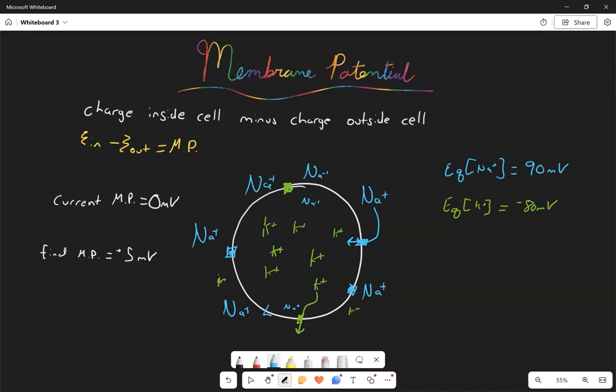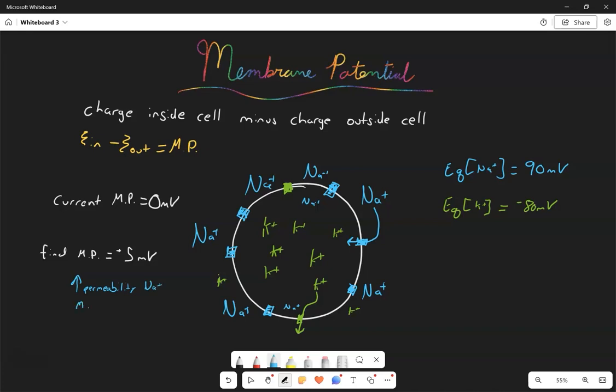We can increase the permeability of the cell to sodium. And as I increase the permeability of the cell to sodium, how is that going to impact my final membrane potential?